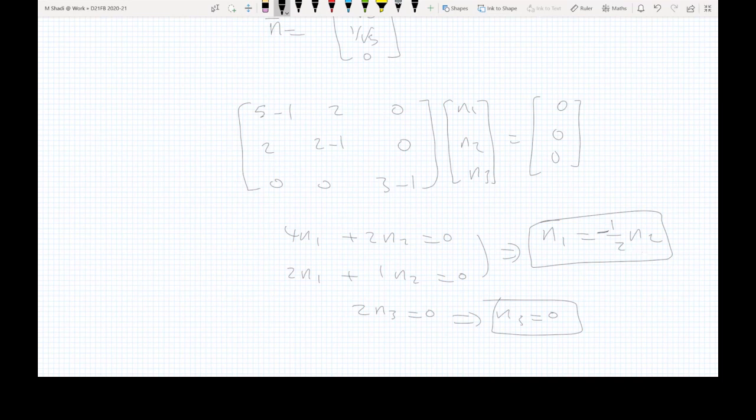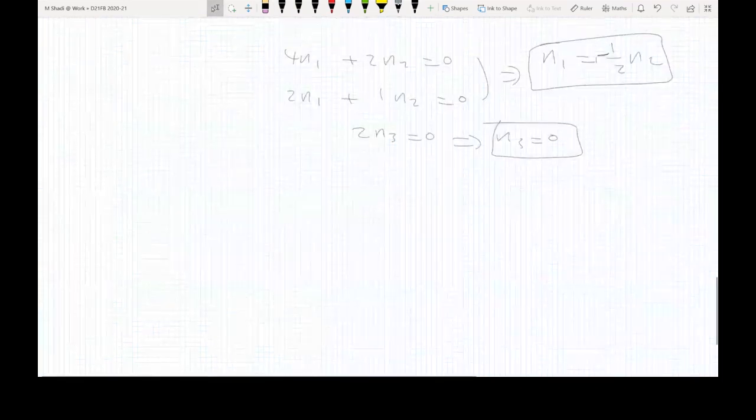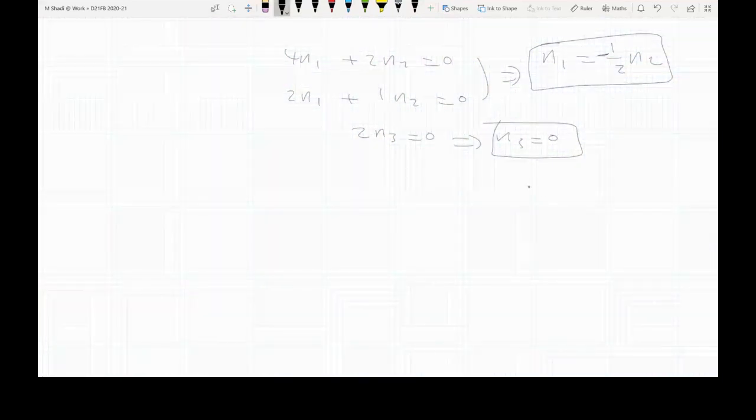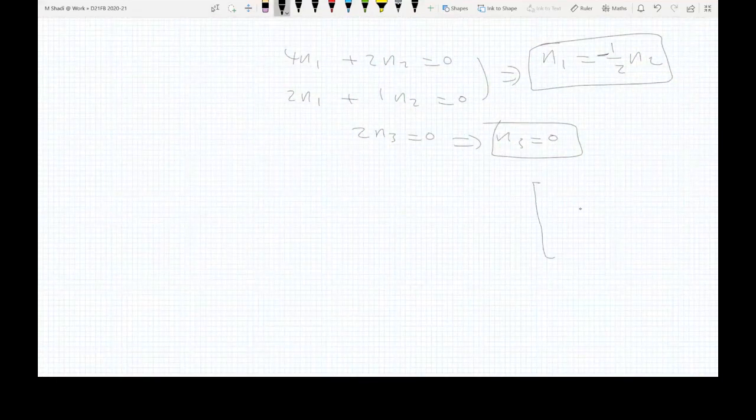So if you substitute 1 for n2, you will get negative 0.5. So you have minus 0.5, 1, 0. This is the vector n. This is the eigenvector for the eigenvalue lambda equal to 1.